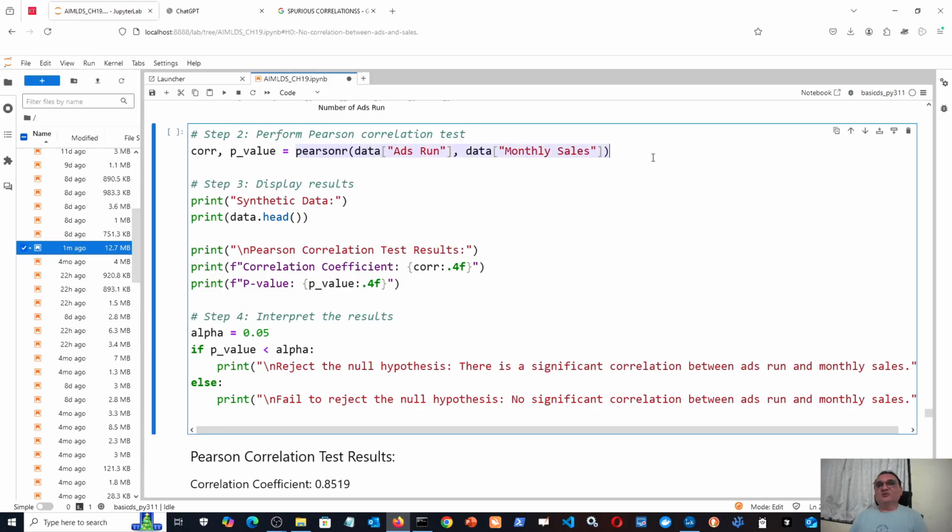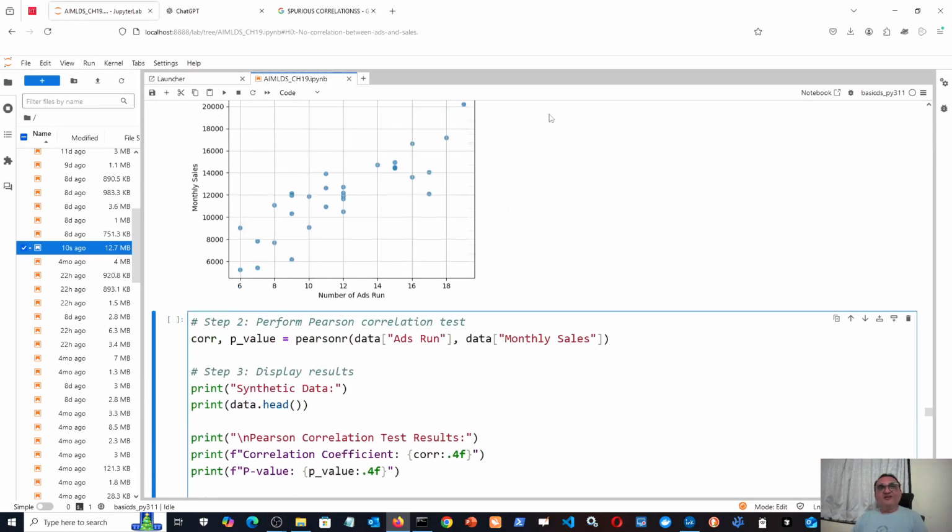Pearson r is also a test like the t-test, where as output you get two parameters, just as in the others the parameters were the t statistic and p-value, or the F statistic and p-value. Similarly, here the two parameters are the correlation and the p-value. It will tell me how much the correlation is between this variable and that variable, and then what the p-value of that correlation is, because having a correlation is not enough.